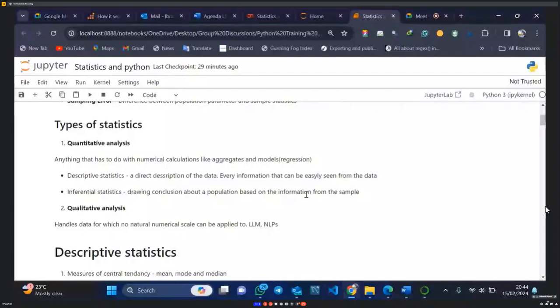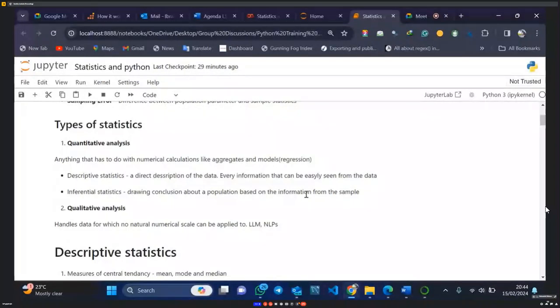Then we do have types of statistics. We have quantitative analysis and qualitative analysis. Quantitative analysis is anything that has to do with numerical calculations, like aggregates and models: descriptive statistics and inferential statistics. Descriptive statistics is a direct description of the data, just like describing the data.